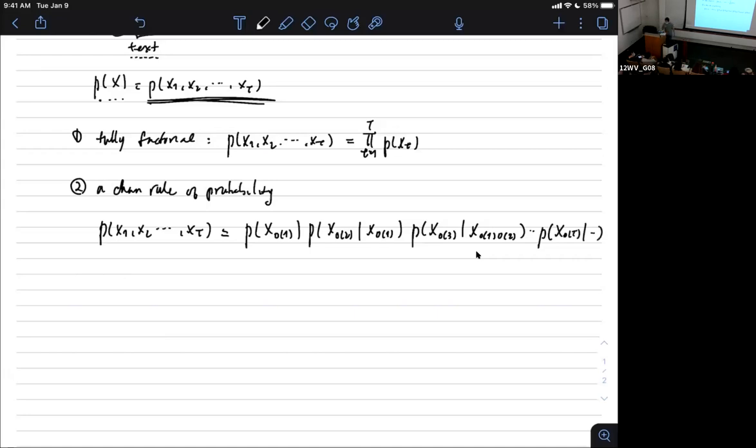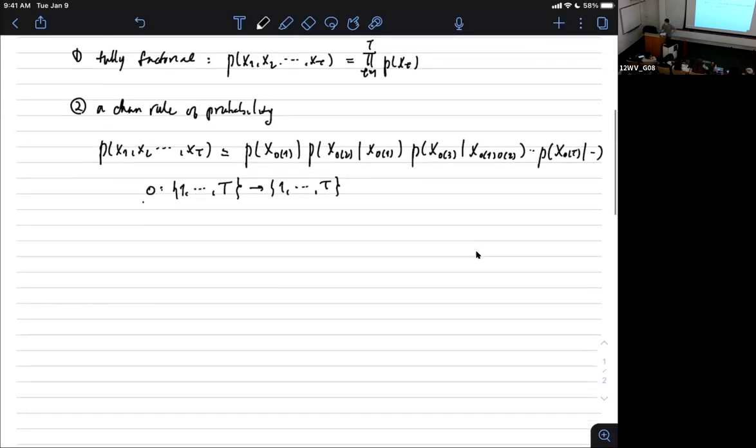So what is this order? O is just an arbitrary ordering of the random variables. As long as you choose this O function that takes as input one of the t and gives you another t, so it's a permutation, a one-to-one and unique mapping between the source and target domains, then arbitrary ordering works. That's what probability theory tells us.